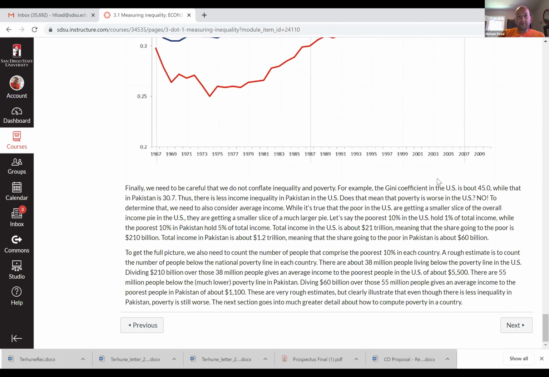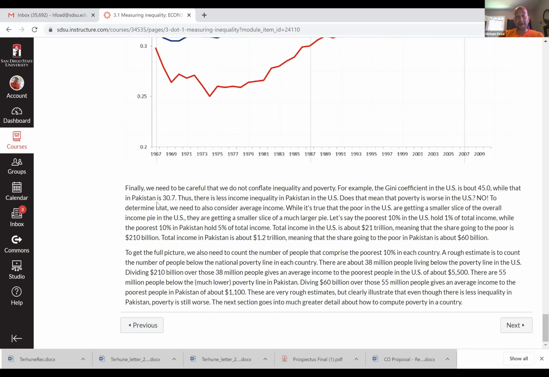Okay. And then the last thing that I want you to note is that a lot of times people will conflate inequality and poverty, but they're not the same thing. So I mentioned earlier that there's less inequality in Pakistan than there is in the US. True. That does not mean that the poor in Pakistan are better off than the poor in the US.